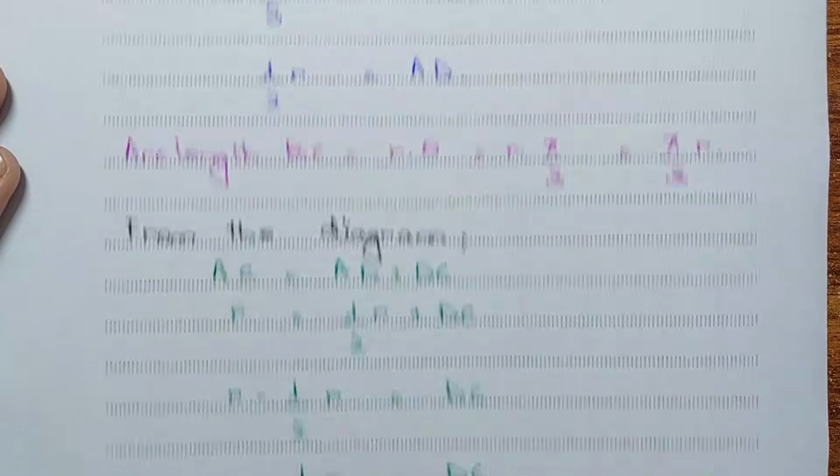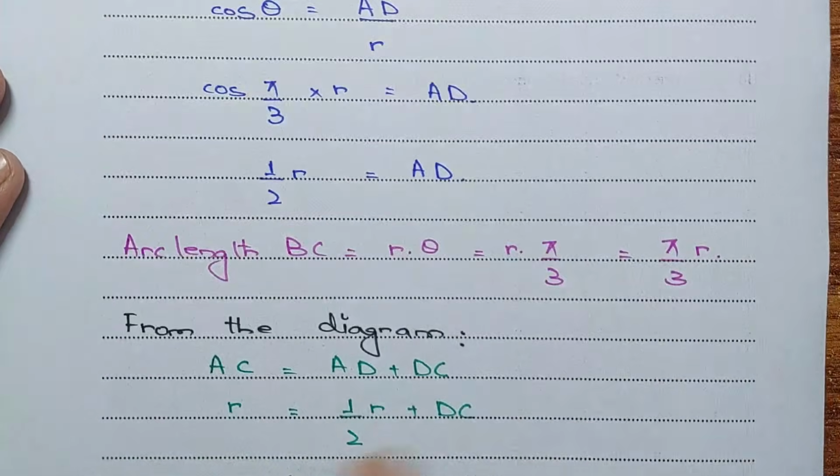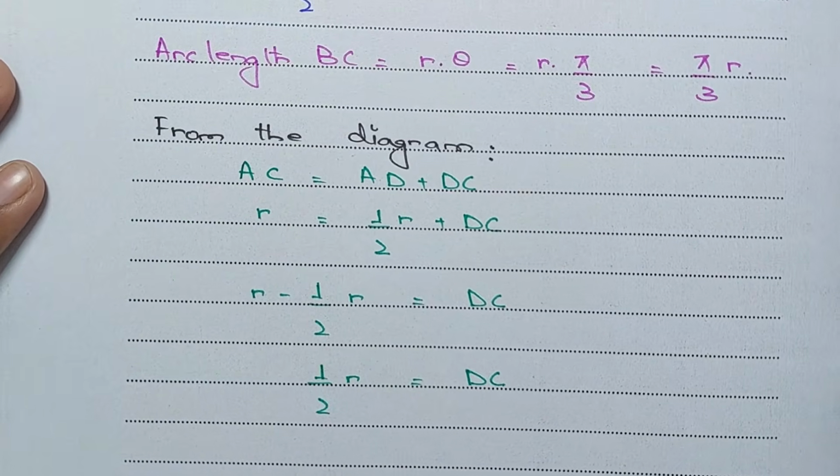Now we have DC, we have BD, and we have the arc length. Just figure out the exact perimeter.